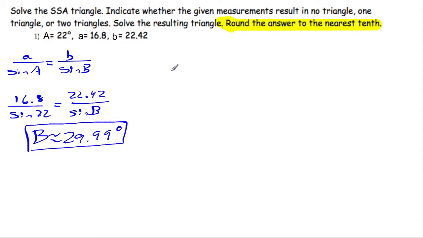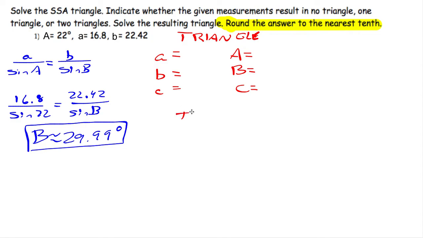Now if I have two angles here, I could find the third angle. So if I have three sides, A, B, and C, I also have three angles, A, B, and C. What I'm going to do is assume that there are two triangles. This would be triangle 1, and this would be triangle 2.